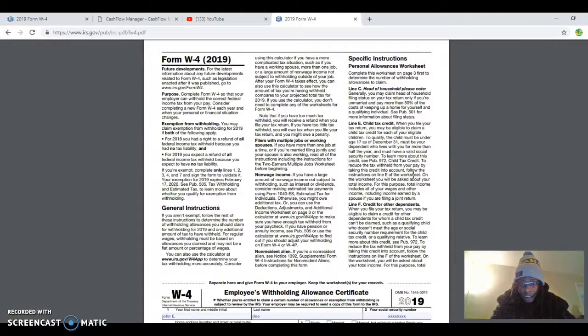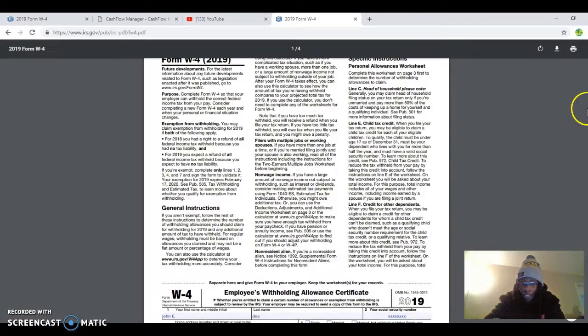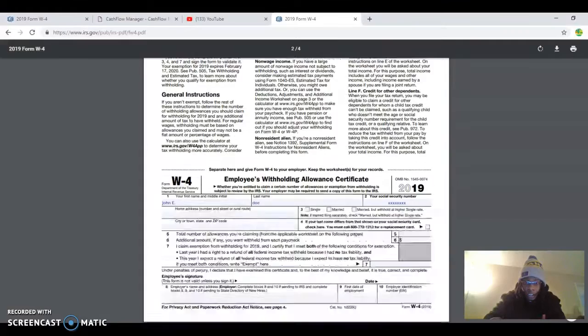To learn more about this credit, see publication 972, child tax credit. To reduce the tax withheld from your pay by taking this credit into account, follow the instructions on line E of the worksheet. You will be asked about your total income. Total income includes all your wages and other income, including income earned by a spouse if you're filing a joint return.